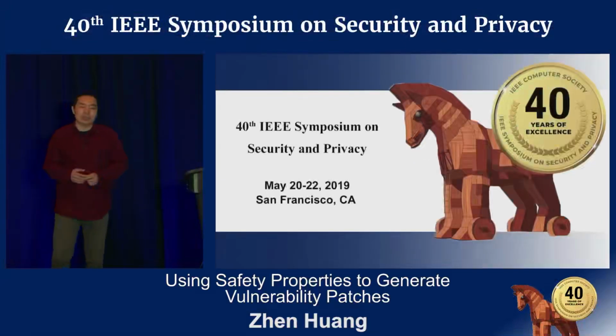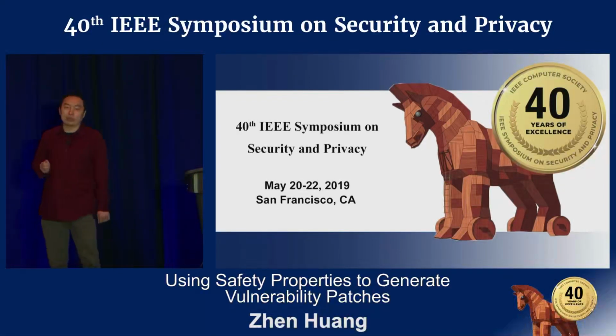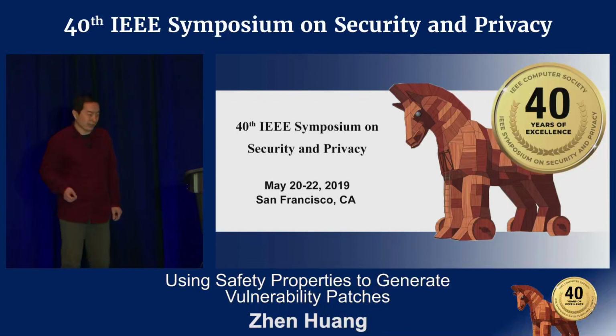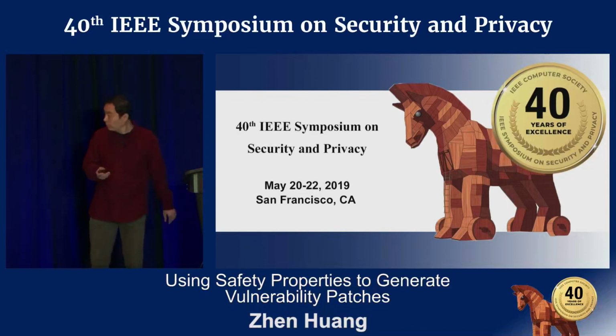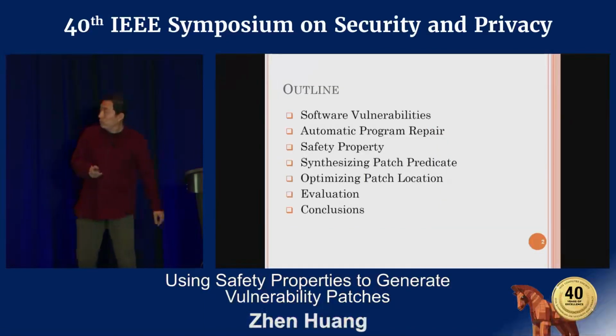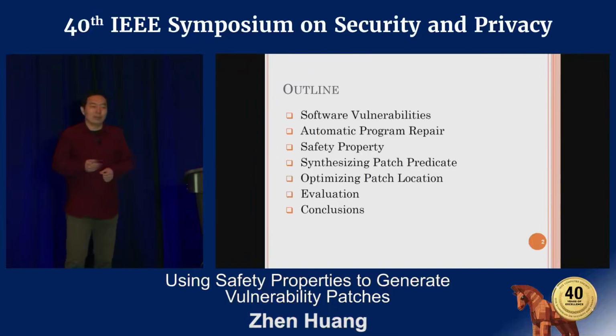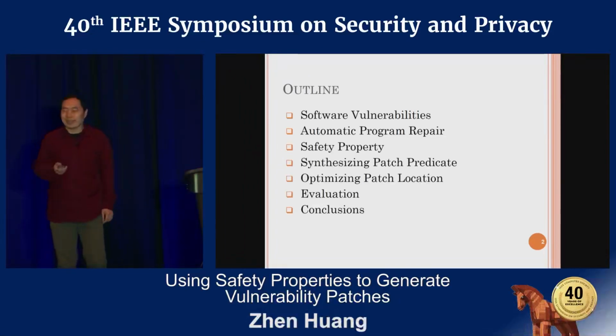So in this talk, I will present our work that uses safety properties to generate vulnerability patches. So first, I will discuss some background information on software vulnerabilities and automatic program repair.